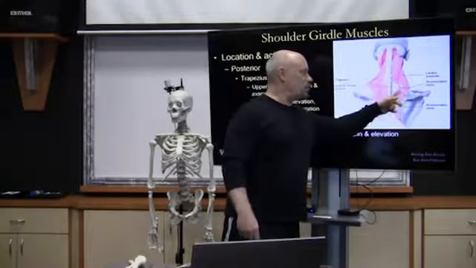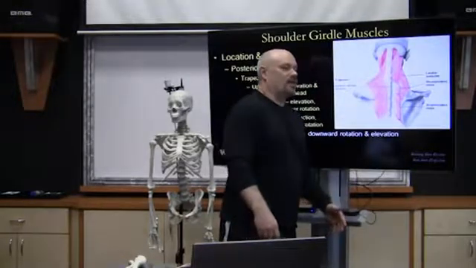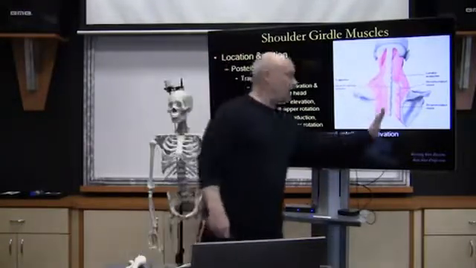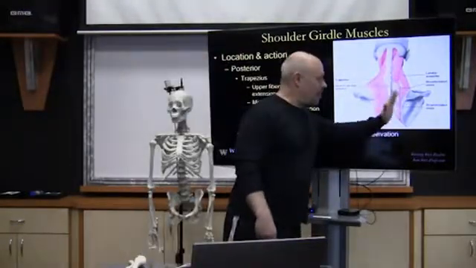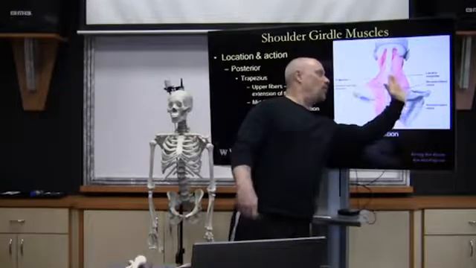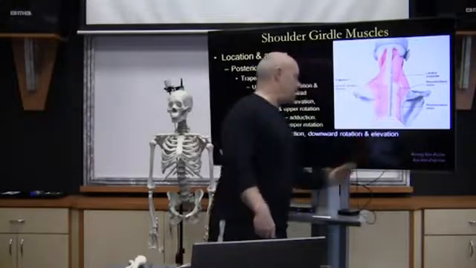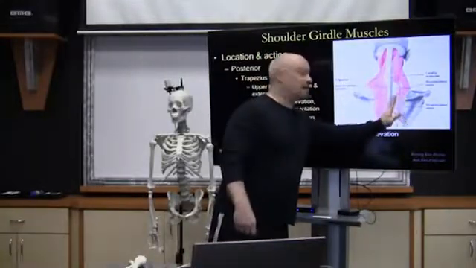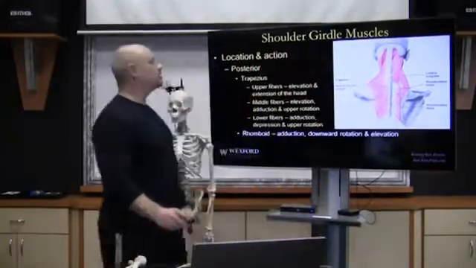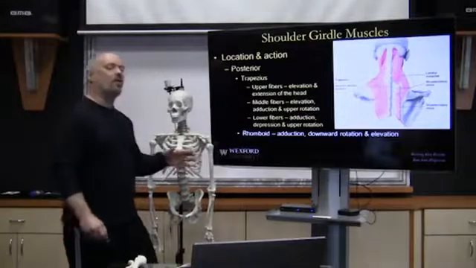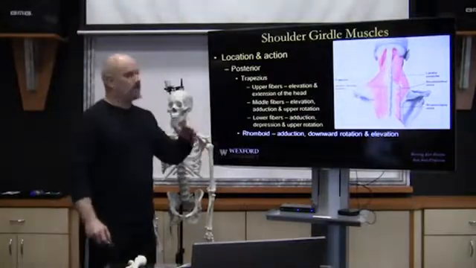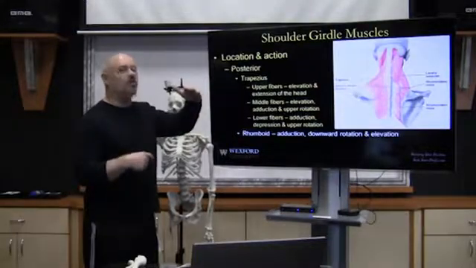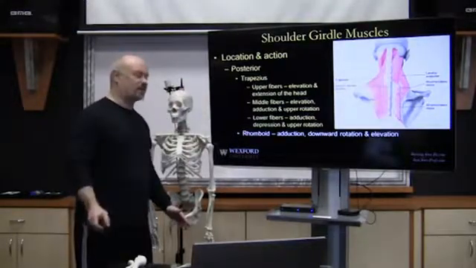As the insertion pulls toward that, it can cause elevation and downward rotation, depending on how they're pulling. If it's up here, when they pull, they'll pull toward the midline and rotate it downward, and if the scapula is in its normal position, it can cause elevation. So once again, you have to look at the fiber orientation to see what the angle is, what part of the entire muscle it's pulling on, to determine what action it's going to cause.